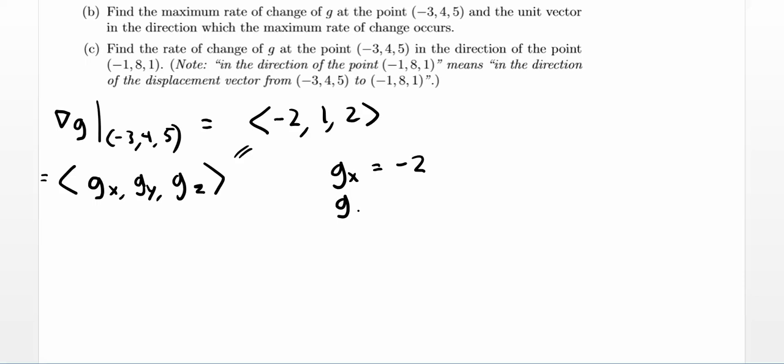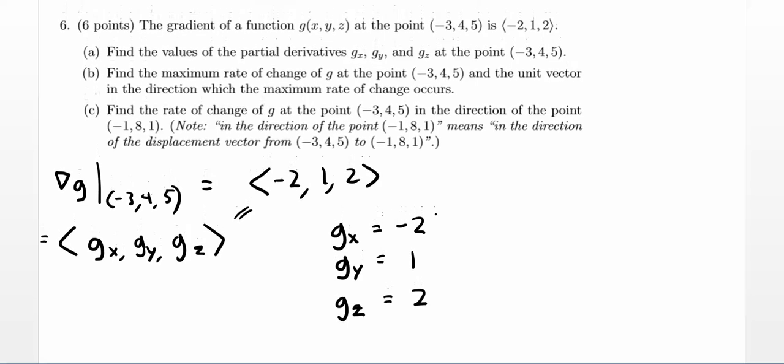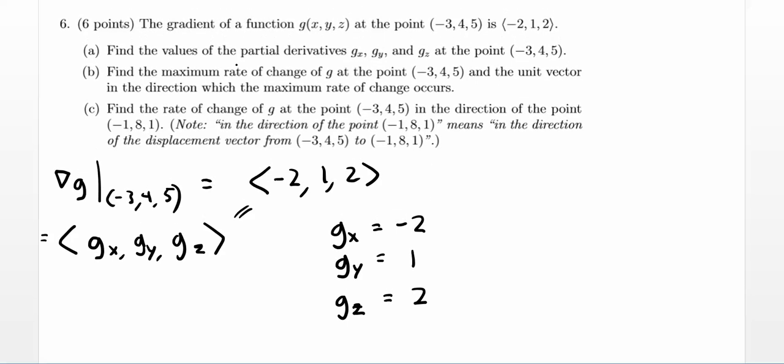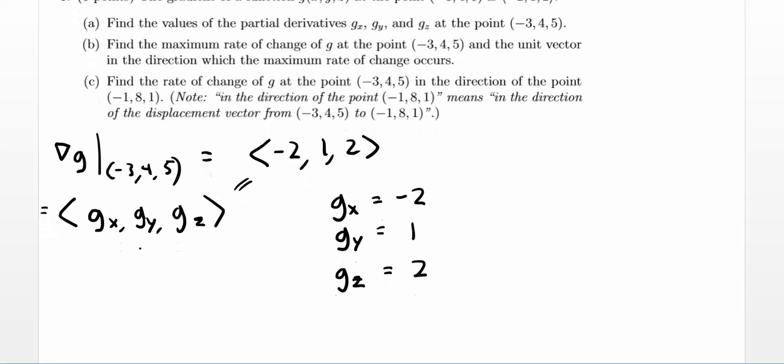The partial derivative of g with respect to y is 1. The partial derivative of g with respect to z is 2. That's it. Probably 2 points. Very easy question. You just have to understand what exactly the gradient is. And that's part A.